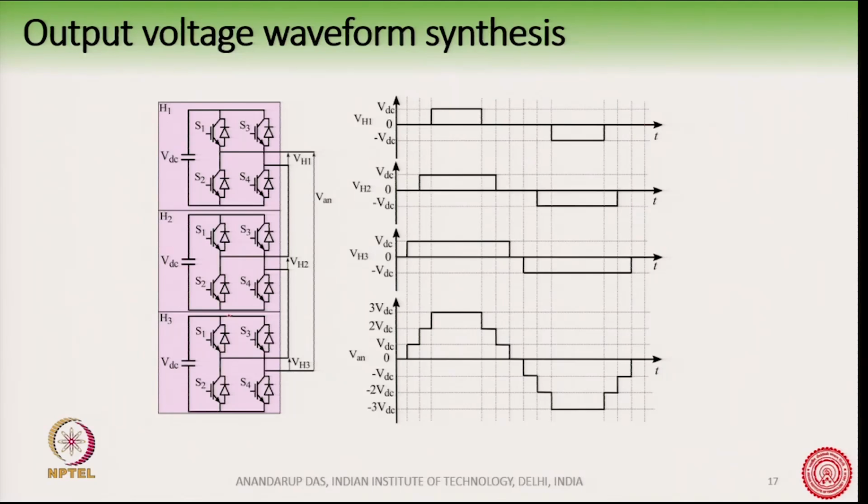If VH2, the voltage produced by the second cell, is this waveform, and the voltage produced by the third cell is like this waveform, and since VAN is the sum, we add these 3 waveforms and we get this waveform, which is the total waveform VAN.